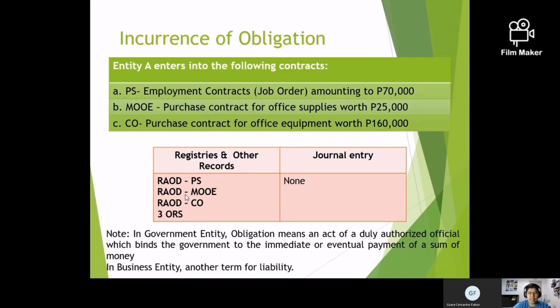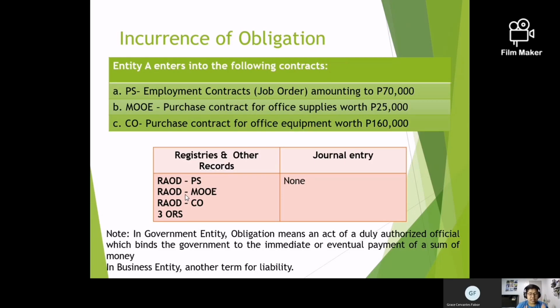Note, in government entity, obligation means an act of a duly authorized official. Kung sino man yun, siyempre yung head of the originating unit, which binds the government to the immediate or eventual payment of sum of money. Nagbabind pa lang, meaning meron palang agreement, kontrata.